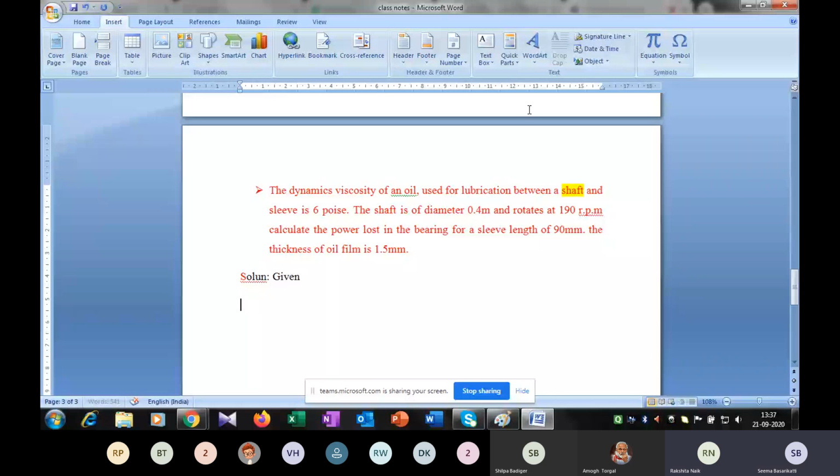Mu is equal to 6 poise. Convert that into Newton second per meter square. How much will it be? 0.6, ma'am. Okay, 6 divided by 10, which is equal to 0.6 Newton second per meter square.